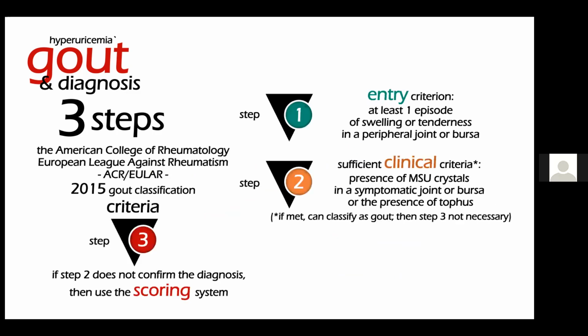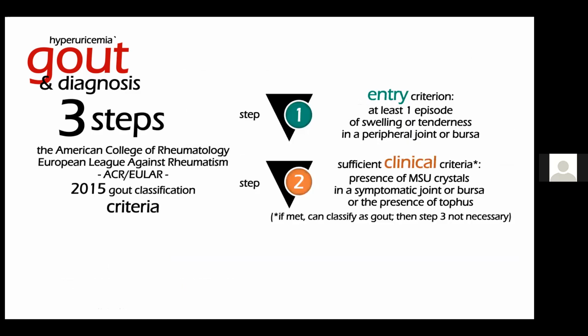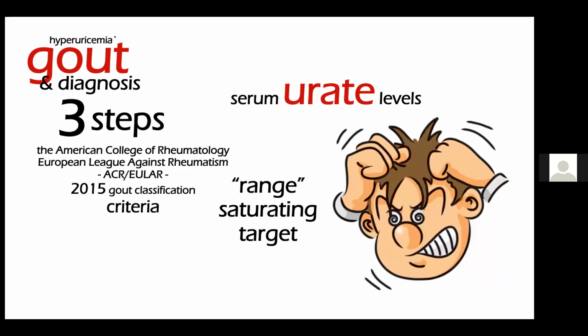So we score our patient, and if steps 1 and 2 couldn't take us to gout, we will need to score our patient by using clinical, laboratory, and radiological criteria. And when we talk about laboratory, that's where the uric acid level comes in.